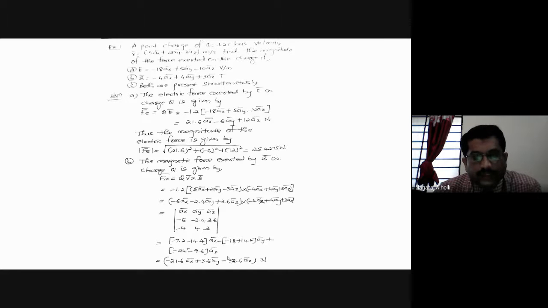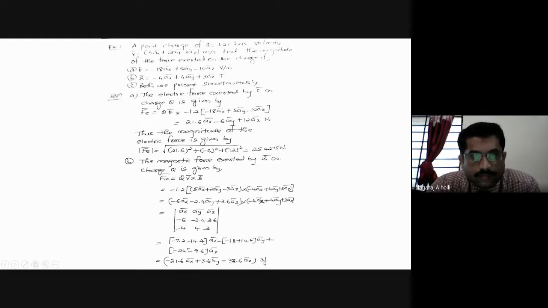I hope everyone noted here. So it is 33.6, sorry, it is not 3.6, 33.6. Minus 21.6 ax bar plus 3.6 ay bar minus 33.6 az bar Newton.